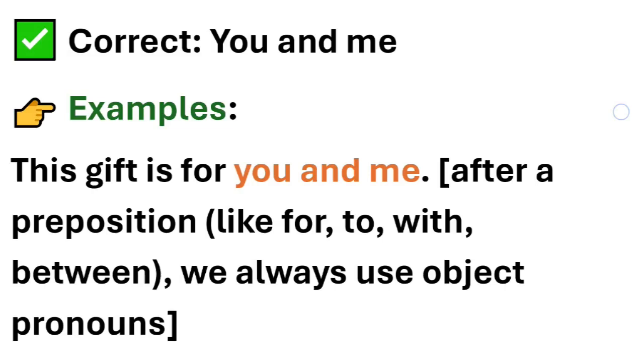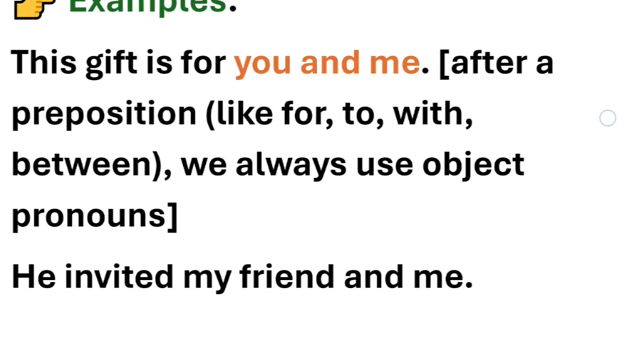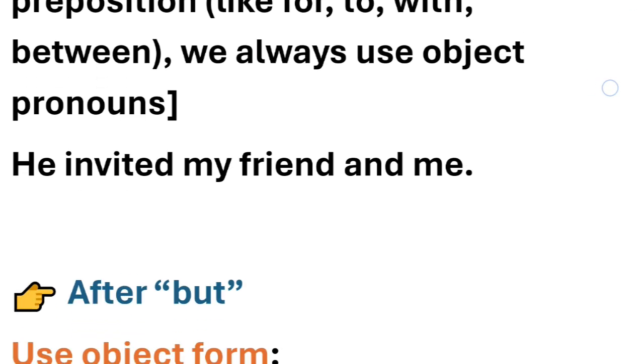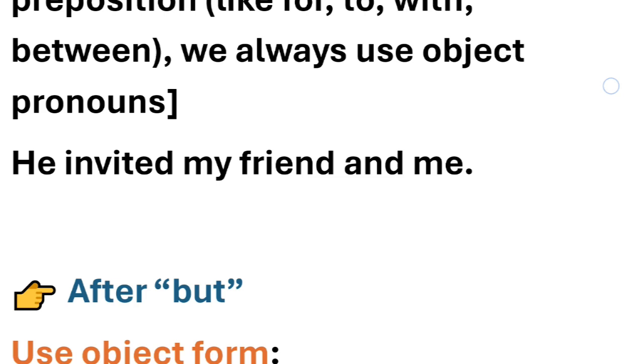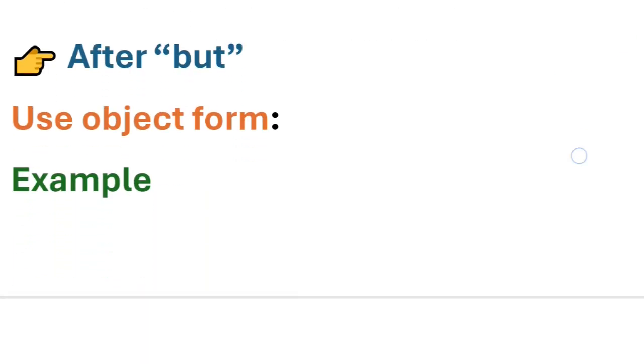So we have used you and me because there was a preposition for which had come over there. So we have another example. He invited my friend and me. So objective form me was used over there.